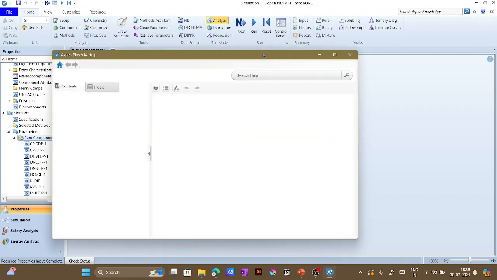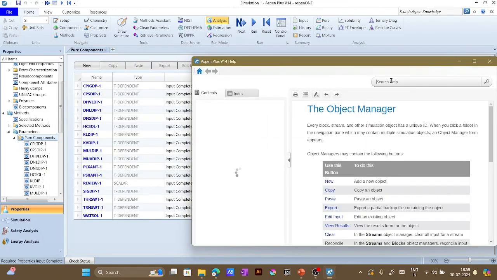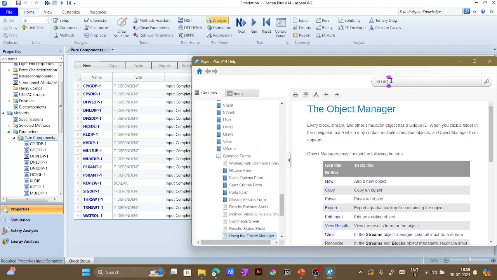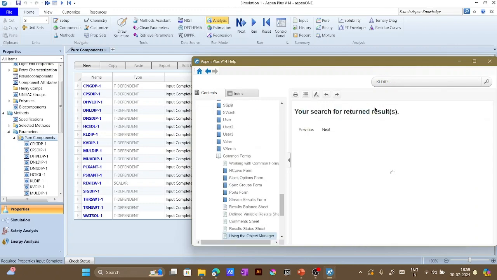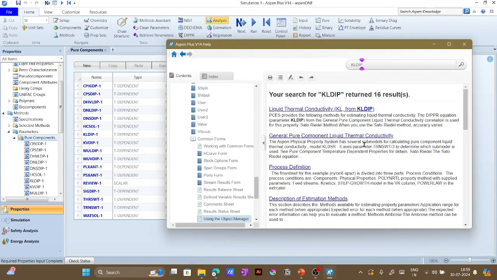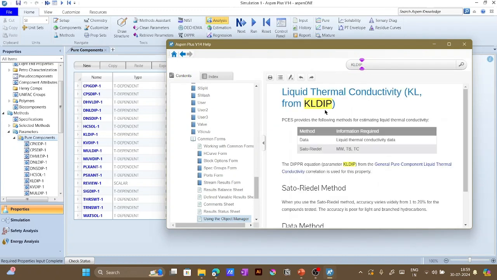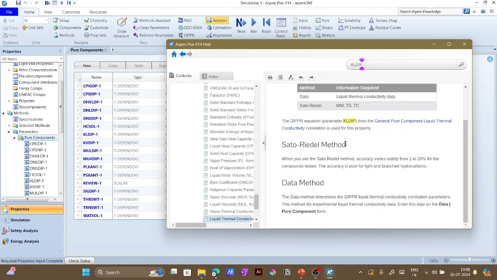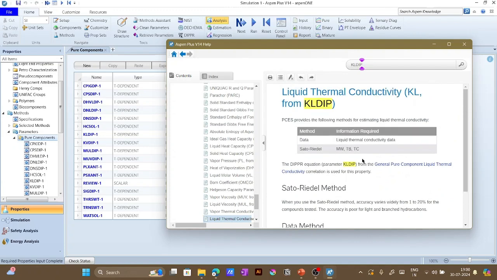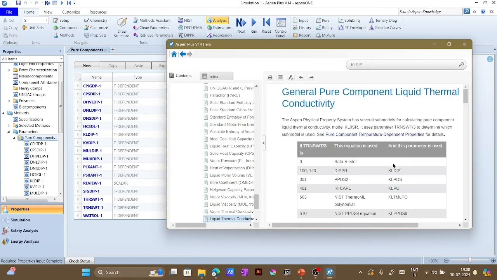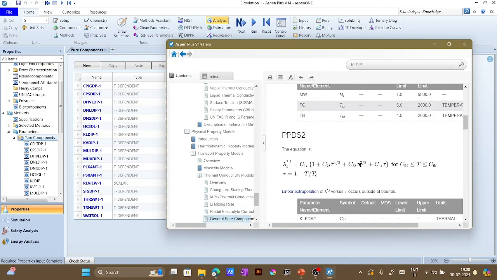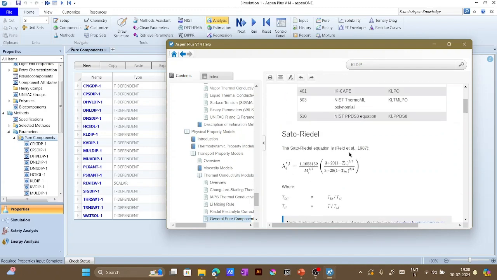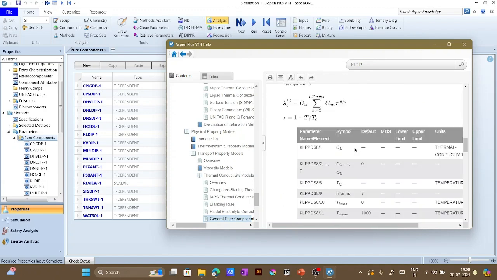So search it. Yeah, so that is liquid thermal conductivity, and you will also get different equations to calculate this liquid thermal conductivity.